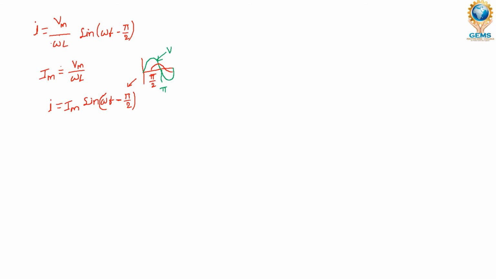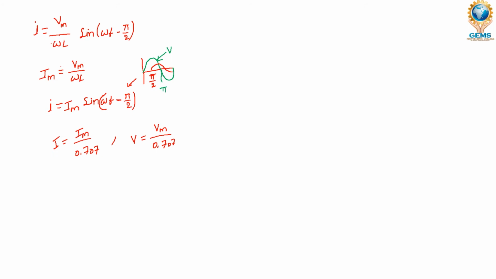From this, now again I am going to take here, what is the value of I equals Im by 0.707, average voltage equals Vm by 0.707.